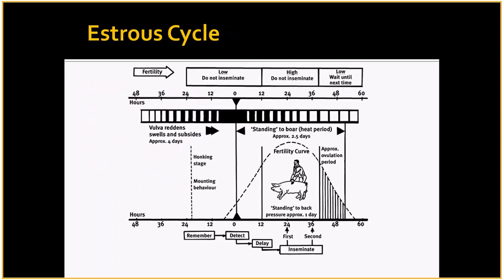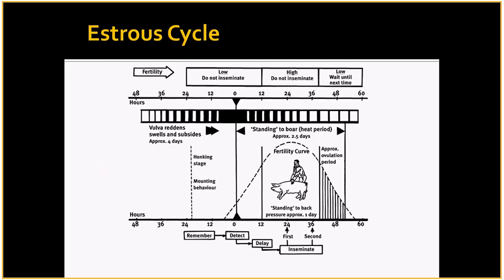Again, another visual for the people that are more visual. This is a pretty busy diagram here, but it's just going over things in general. One of the earlier signs I would say would be the vulva swelling and reddening. This is also showing the standing back pressure test, usually about a day after the estrus cycle has started in this pig.